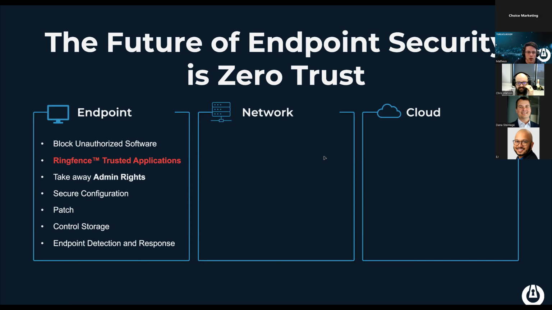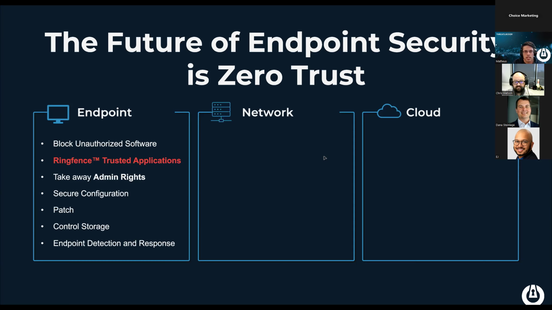I don't want to bet the security of my environment on a tool that needs to constantly update its databases to recognize these malware on time to stop them from running in my environment. A much more proactive approach is to block all untrusted software from running in the first place. So blocking unauthorized software is essential for zero trust. It's something that we believe is the core of zero trust.